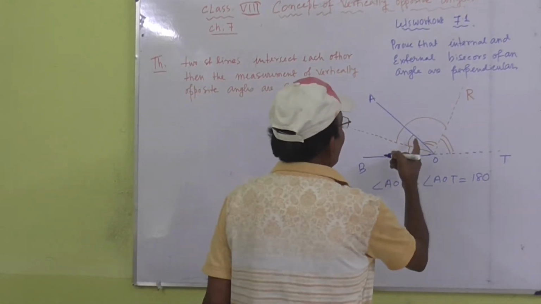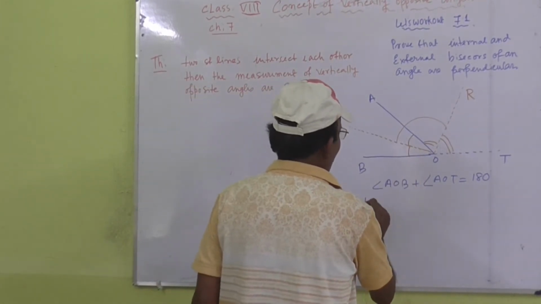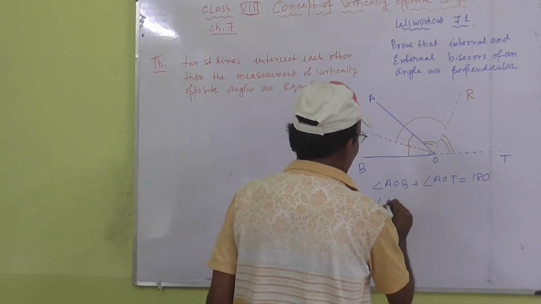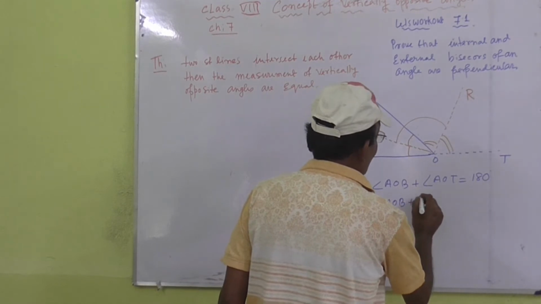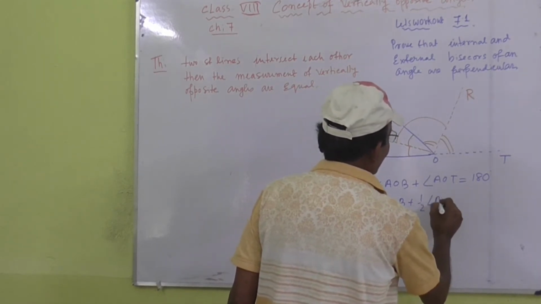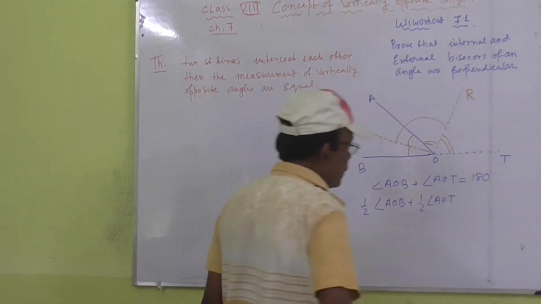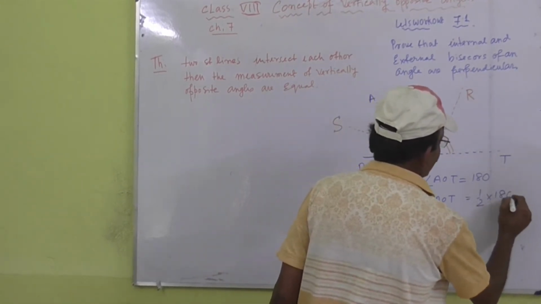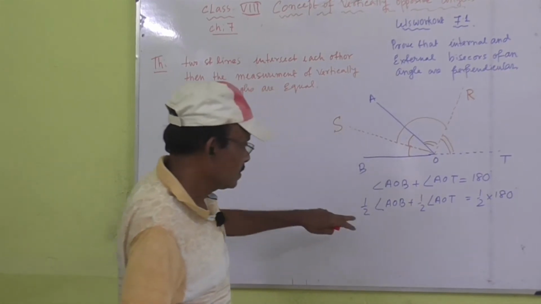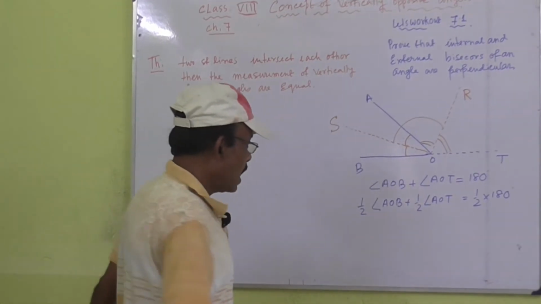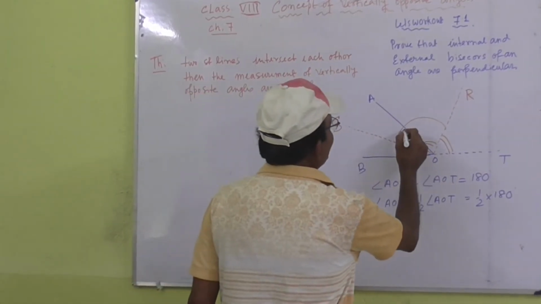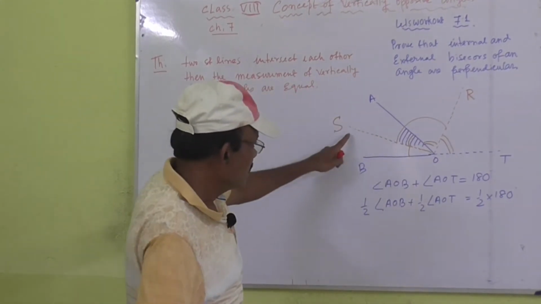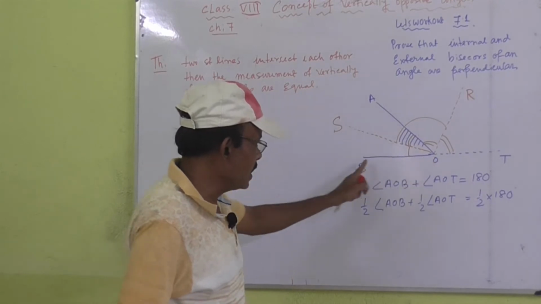Now if we multiply by half, half AOB plus half angle AOT equal to half of 180 degrees. That means half AOB means this angle, because OS is the bisector of the angle AOB.